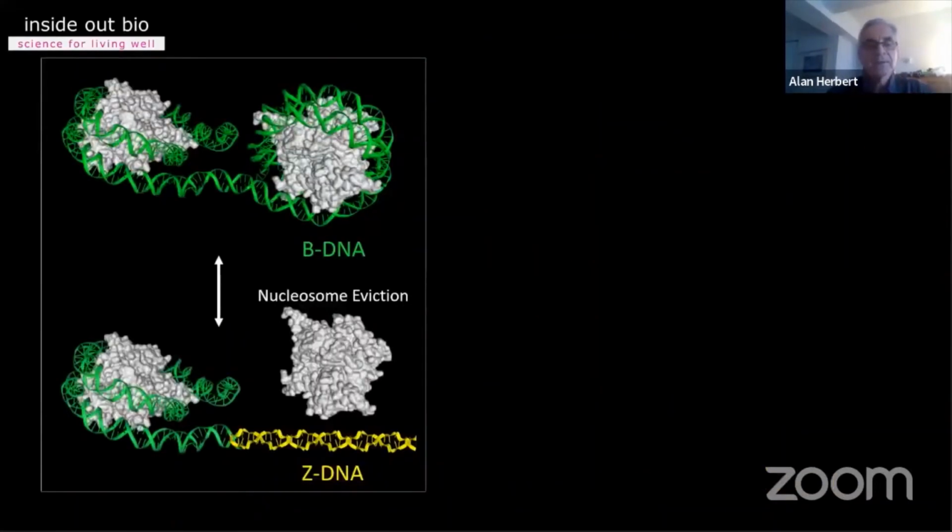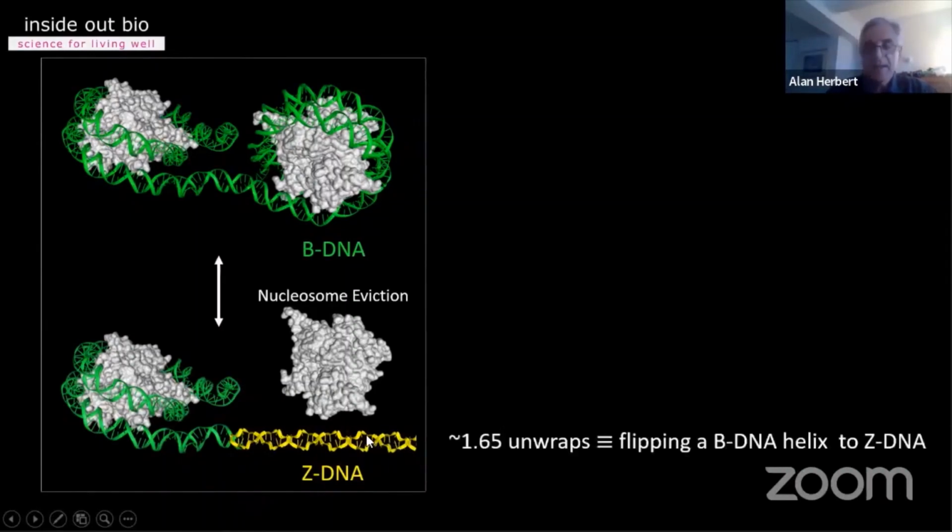So you can use this actually as another source of Z formation, as we mentioned. So if you eject this particular nucleosome, then you flip potentially that sequence into zDNA. And it just so happens that, again, we come back with this magical number of 1.6 turns around the nucleosome, which is actually sufficient to flip one B-DNA helix to a zDNA helix.